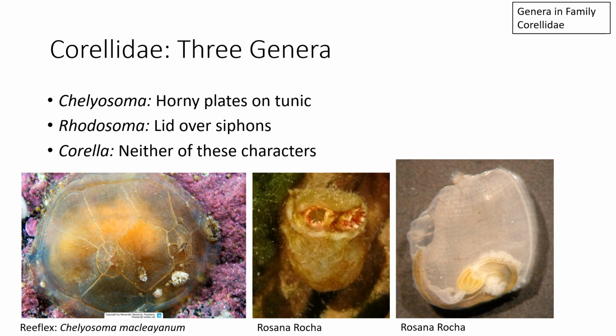But just behind that, just ventral to that, you can see that there's another piece of body wall. And when those siphons retract, that lid closes over them. So it acts sort of like a hat, a protective covering. And that's, again, unique in the Ascidia to the Rhodosoma. And Corella is the 3rd common genus, and it has neither of these distinctive characteristics.